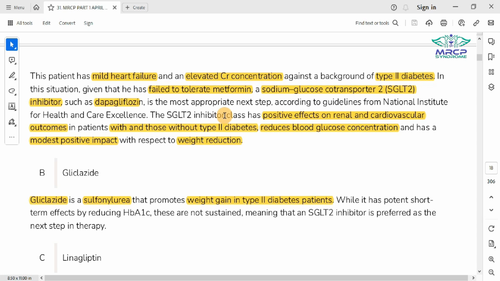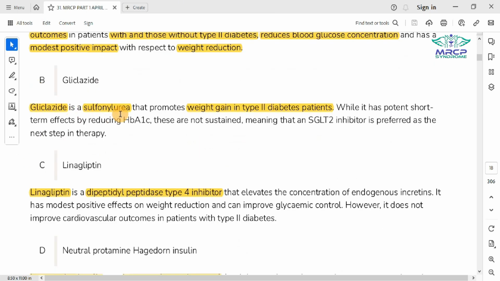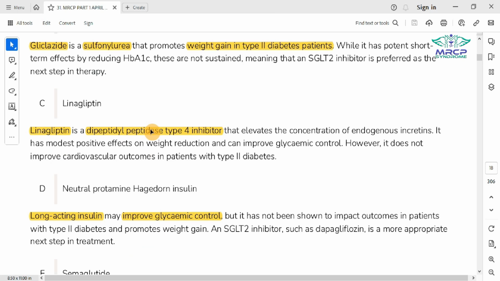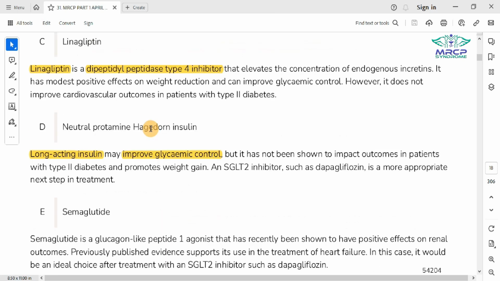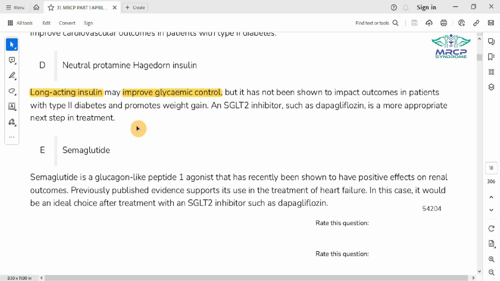The SGLT2 inhibitor class has a positive effect on renal and cardiovascular outcomes in patients with or without type 2 diabetes, reduces blood glucose concentration, and has a modest positive impact with respect to weight reduction. Gliclazide is a sulfonylurea that promotes weight gain in type 2 diabetes patients. Gliptins are the DPP4 inhibitors, and NPH is the long-acting insulin.